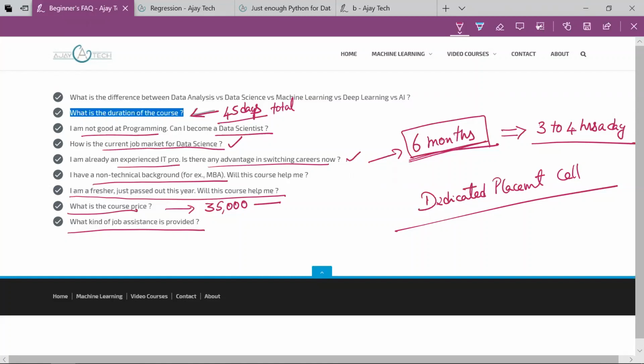We'll put some projects and then what to talk in those projects. And then we'll push your resume out there and make sure that you get a job. Now, I'm not guaranteeing a job. That's why I'm saying job assistance, because everybody is different. Nobody can guarantee a job, but we will do our best to make sure that you get a job.